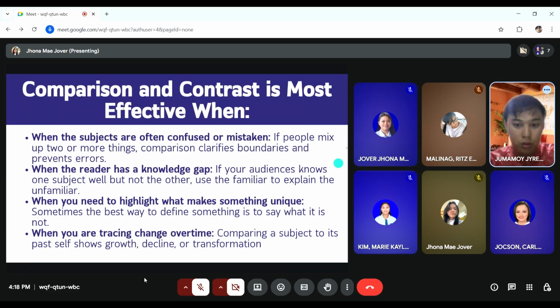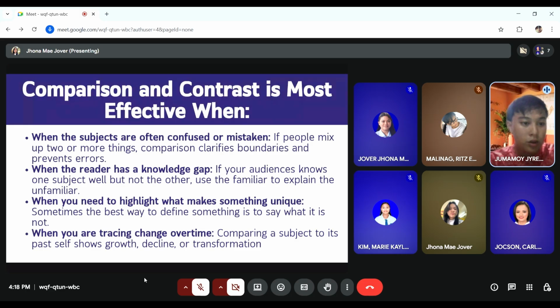While phonology explains why speakers treat both sounds as the same phoneme. By comparing these two fields, we prevent misunderstanding. Number two, when the reader has a knowledge gap.